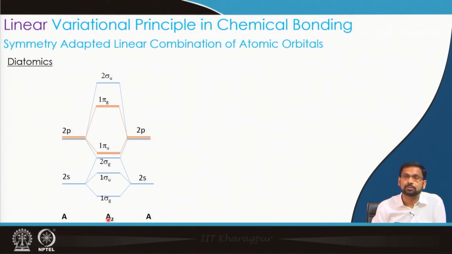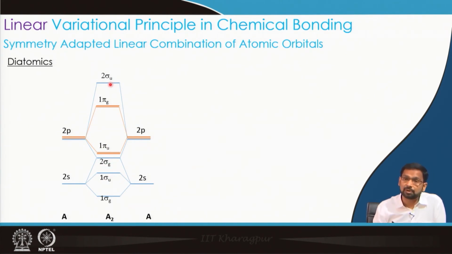So, u stands for ungerade, a German term which means simply not even, asymmetric, and g stands for gerade, or symmetric, or even. So, the lower one is the bonding combination, the upper one is the anti-bonding combination. Similarly, 2 sigma g and 2 sigma u are the next bonding and anti-bonding orbitals coming from the sigma.